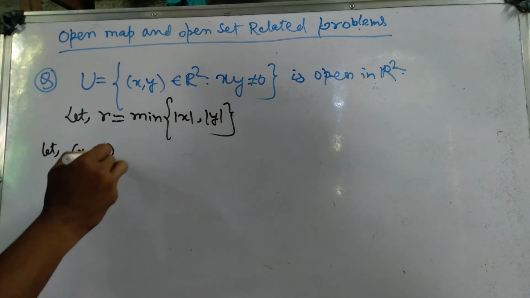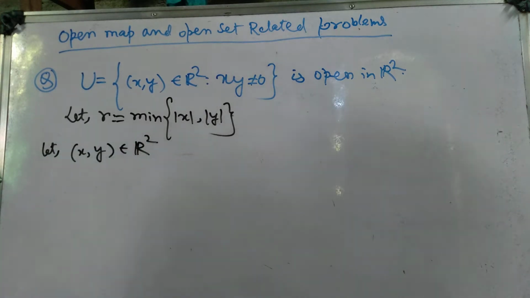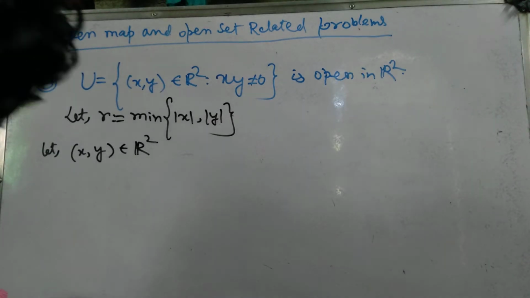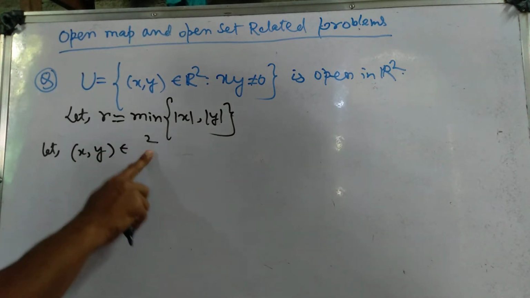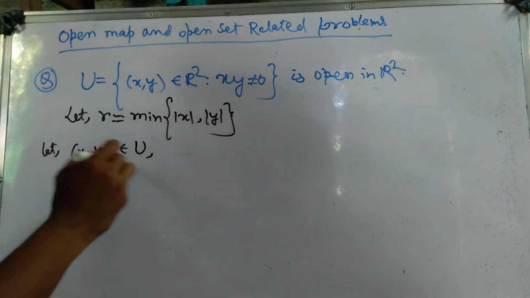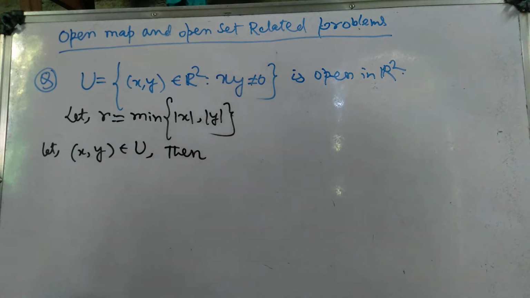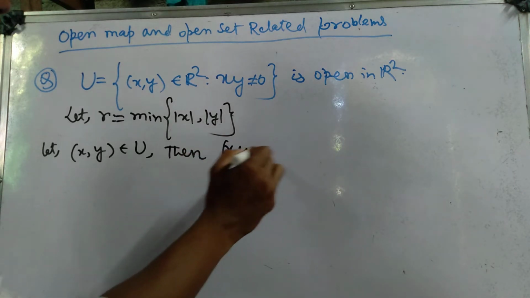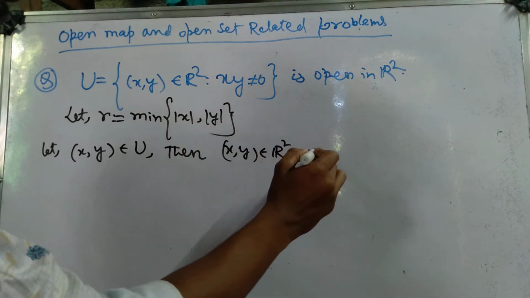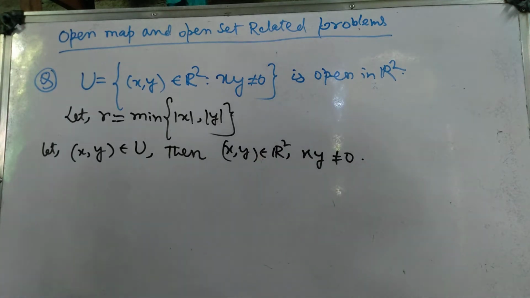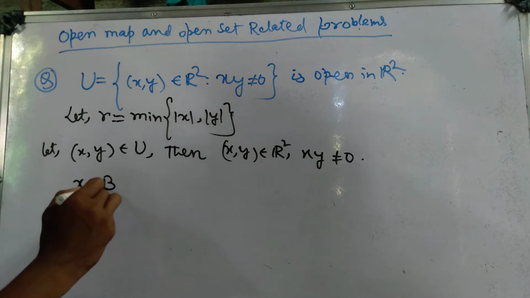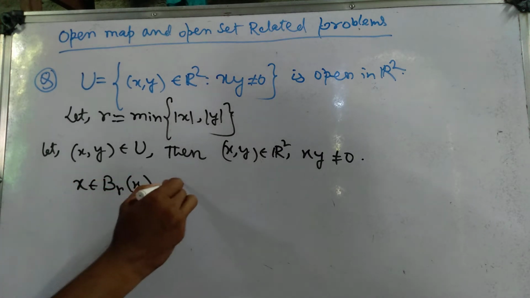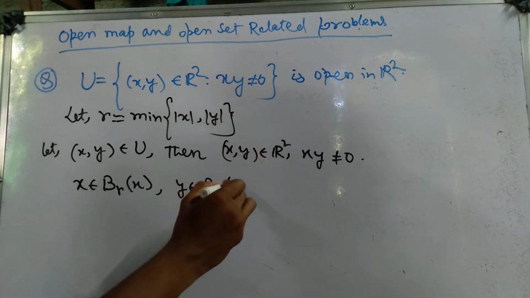Let (x,y) belong to U. Then (x,y) belongs to R square and xy not equal to 0. So we obtain x belongs to V_r(x) and y belongs to V_r(y).